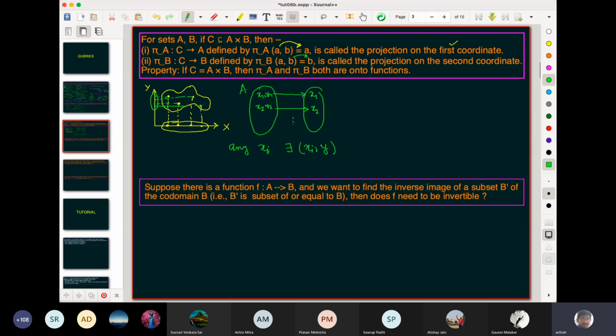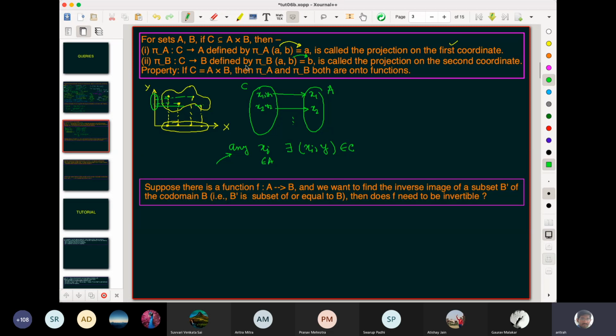Suppose I call this set A and this set C. I'm projecting C to A. Now, for every xi belonging to A, I will get this kind of element in C because it's equal, such that this projection function is valid.